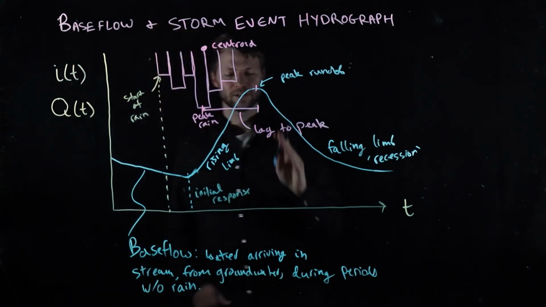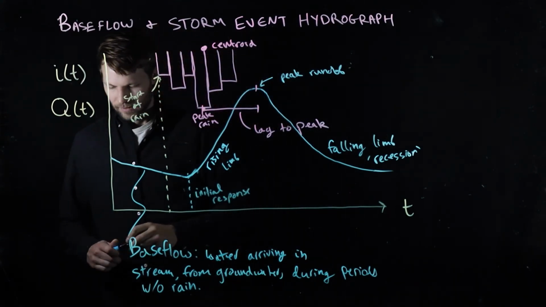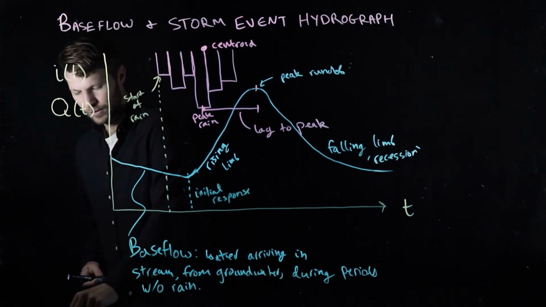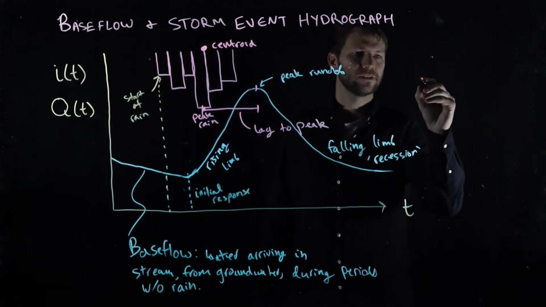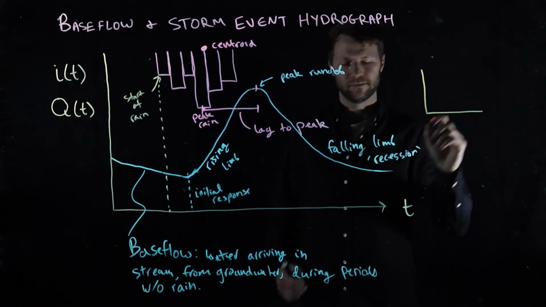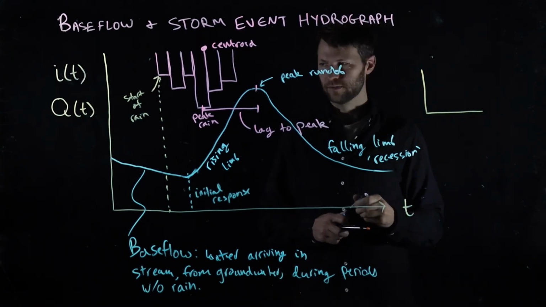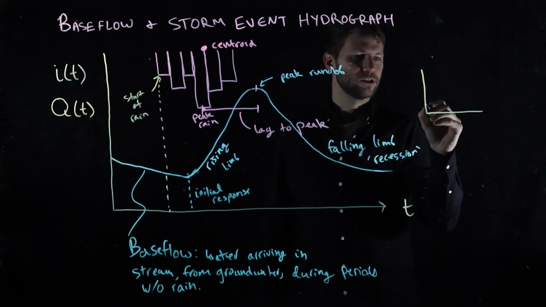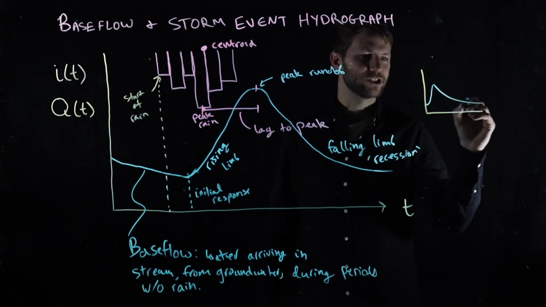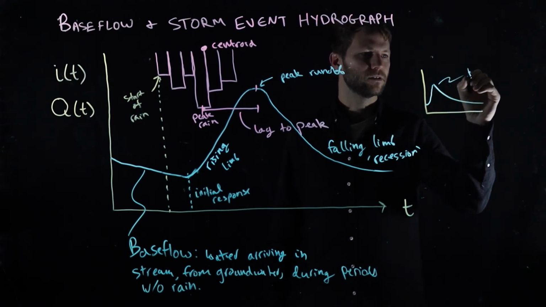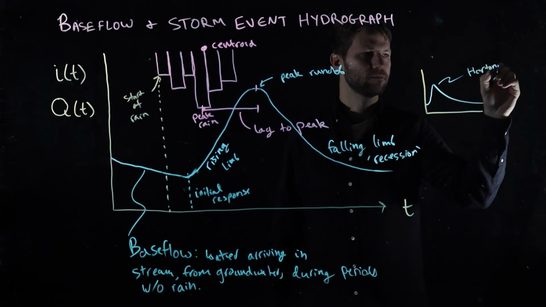So you can see there's all sorts of metrics. The point is that if you were to compare different runoff generation mechanisms in the same plotting space, you might find some are super flashy, like Hortonian overland flow.